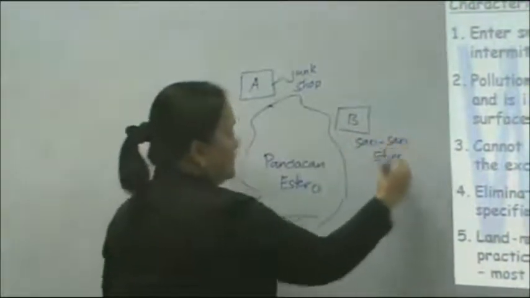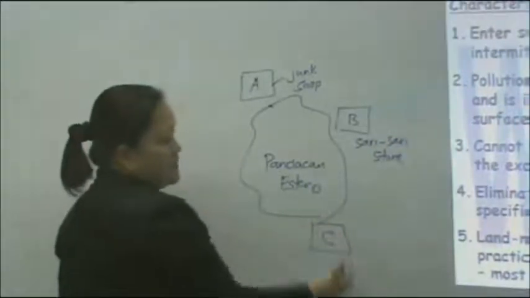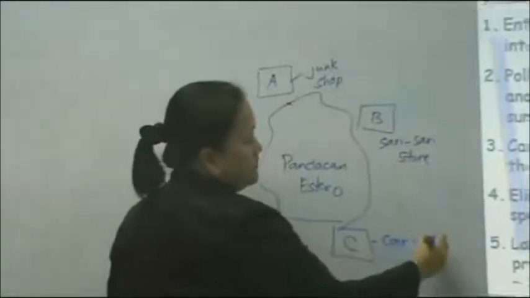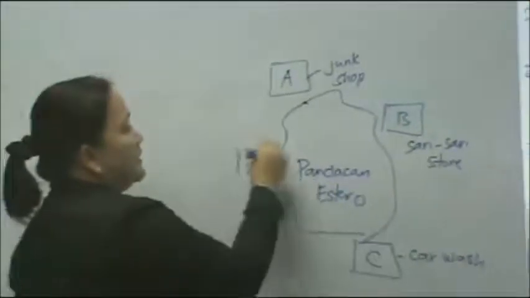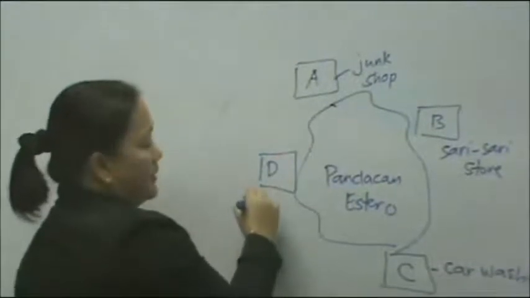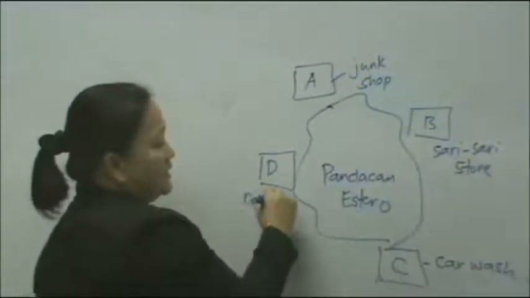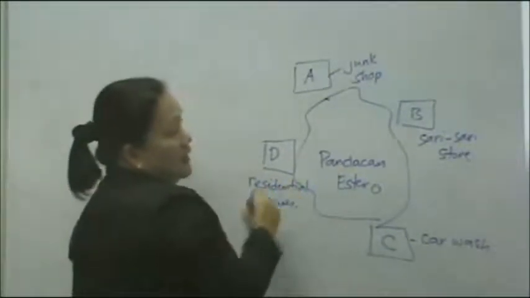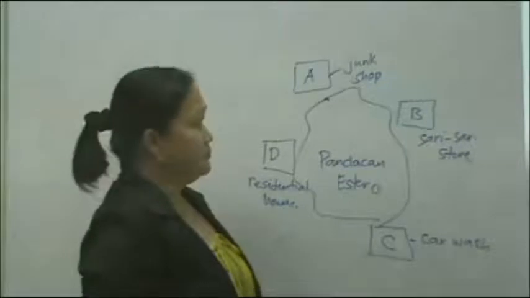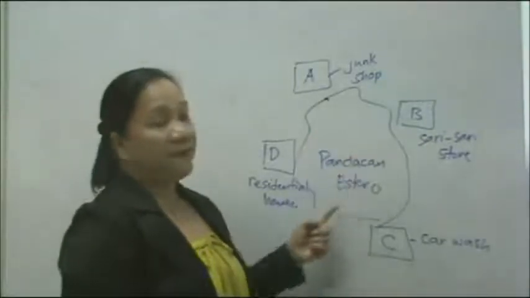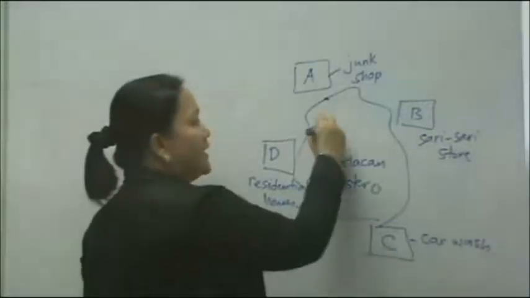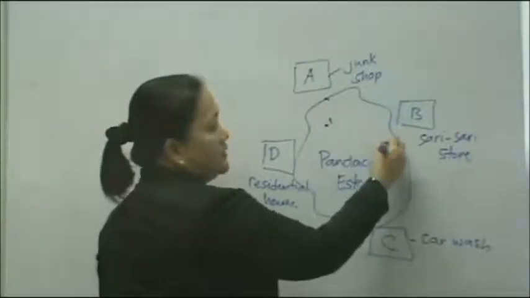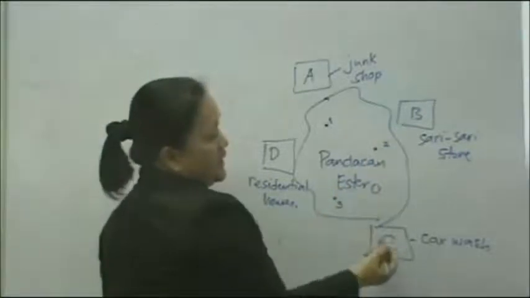Then, let's say you have an additional establishment C, which is a car wash shop. And then D would represent some residential houses. Then, in order for you to determine the profiling of contaminants, let's say you have sampling point 1, sampling point 2, then sampling point 3.